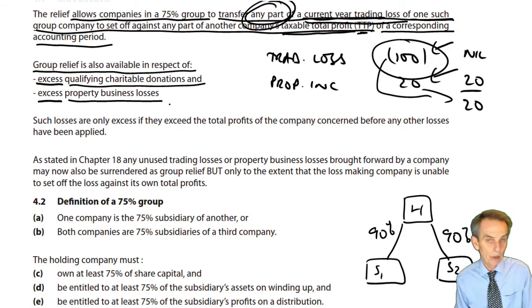What you know is, firstly, with qualifying charitable donations, they were deducted from total profits to give you the taxable total profit.